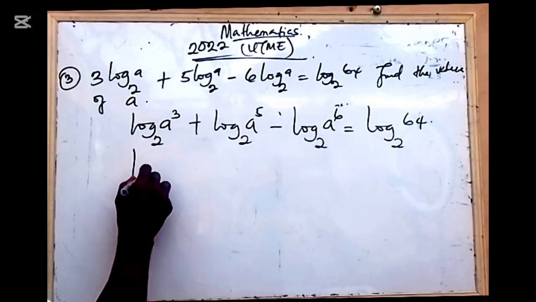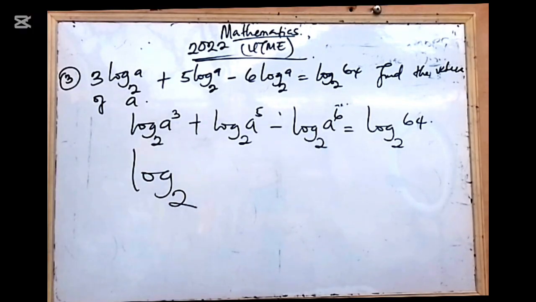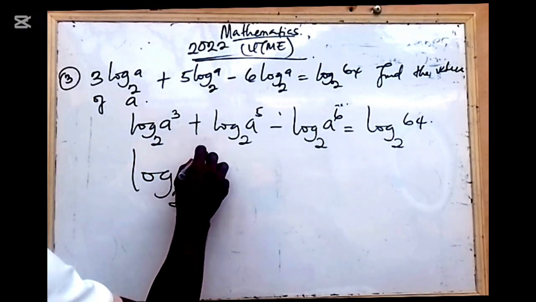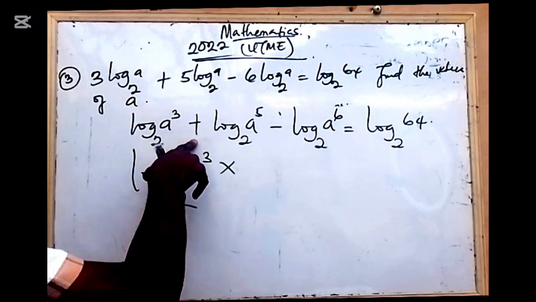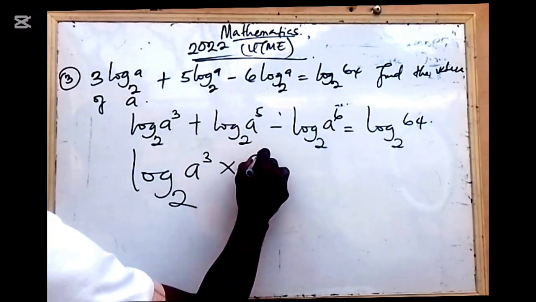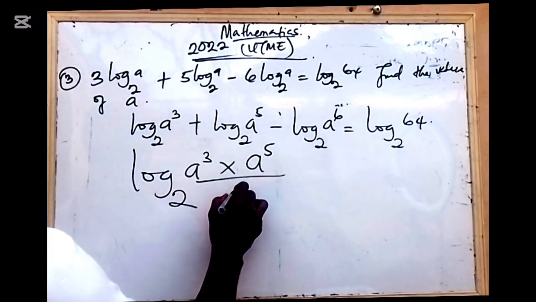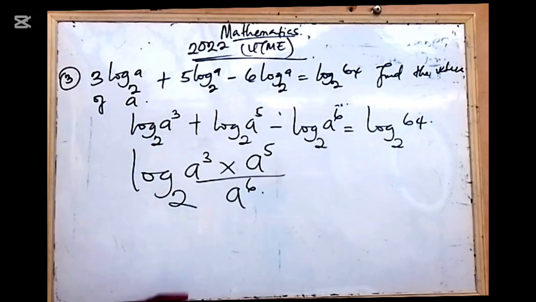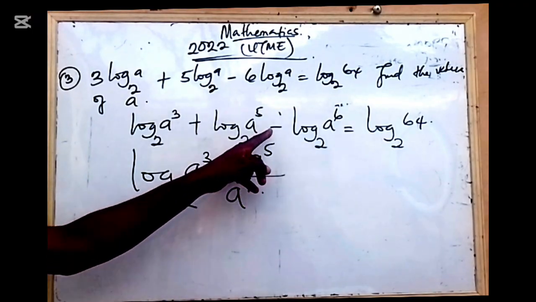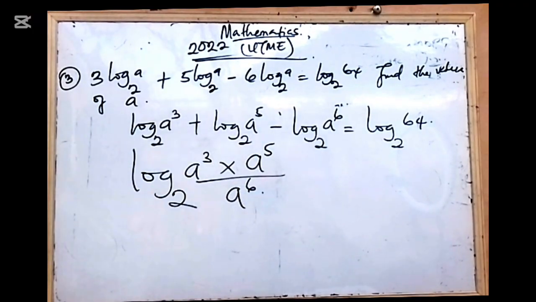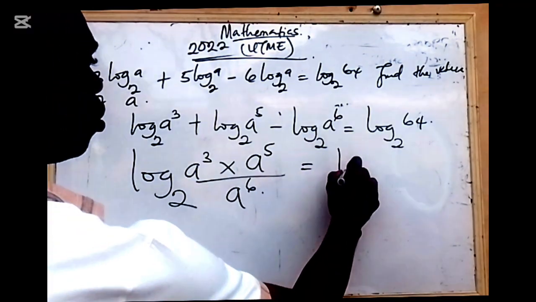So it becomes log base 2 of a raised by 3 times a raised by 5 over a raised by 6. Addition turns to multiplication, subtraction turns to division, because they all have the same base. Equals log base 2 of 64.